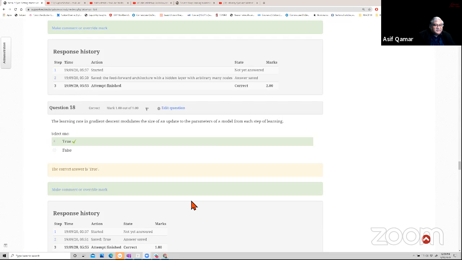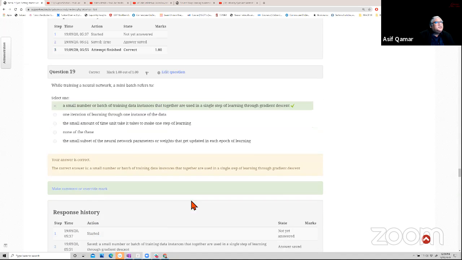Now the amount of update you make becomes alpha. Wi next is Wi minus alpha. So the size of the update is controlled by alpha, the learning rate. That's that.